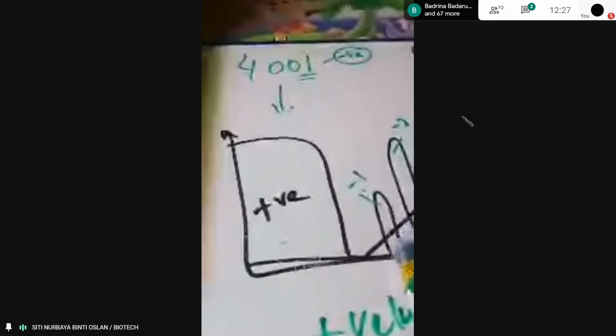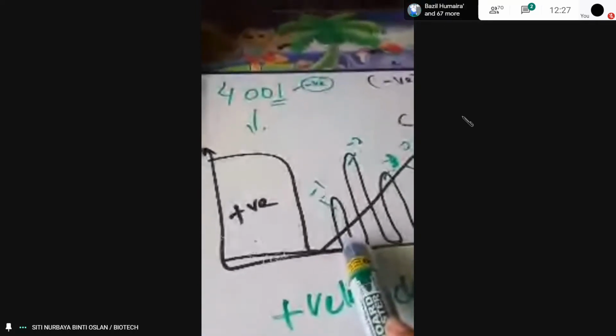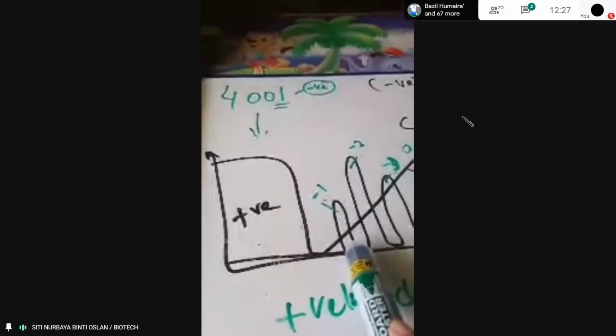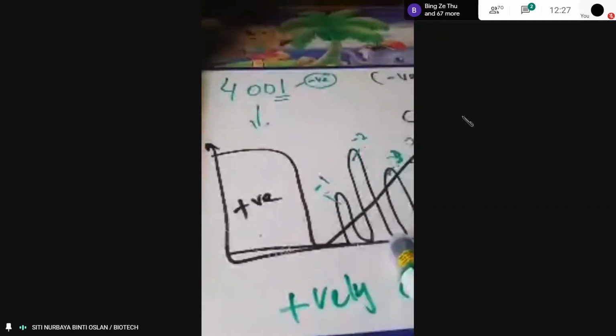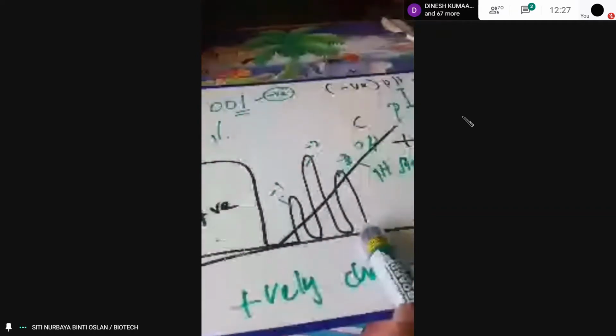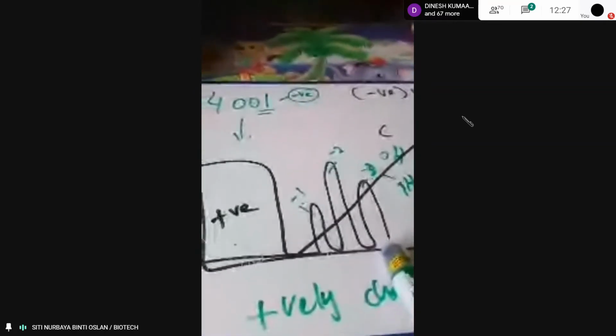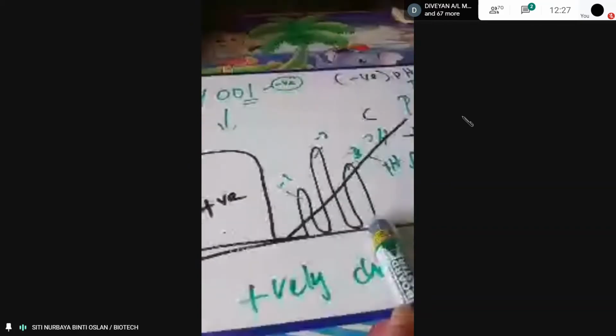Can we consider one peak as one type of protein? No. This one peak may be a mixture of 50 proteins. Negative three may be a mixture of another 100 proteins. It's possible.